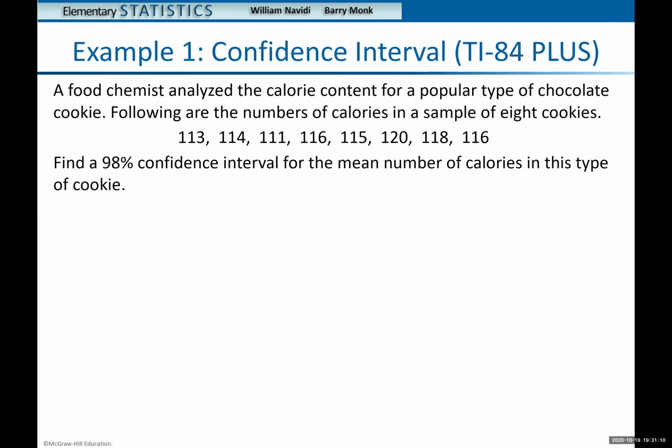So just like this one, a food chemist analyzed the calorie content for a popular type of chocolate cookie. Following are the numbers of calories in a sample of 8 cookies: 113, 114, 111, 116, 115, 120, 118, 116. Find a 98% confidence interval for the mean number of calories in this type of cookie.